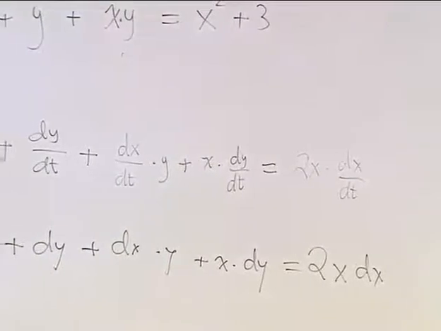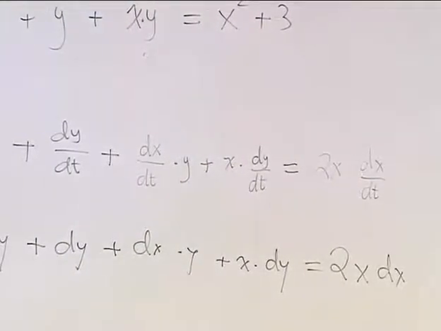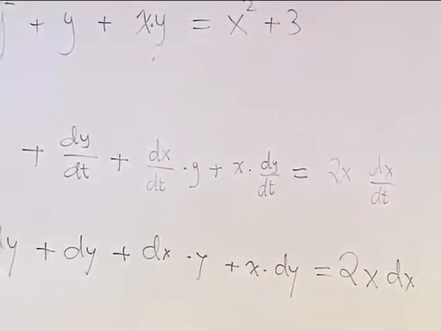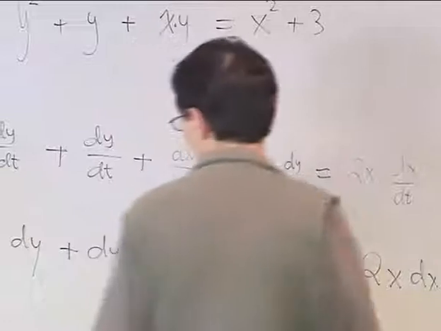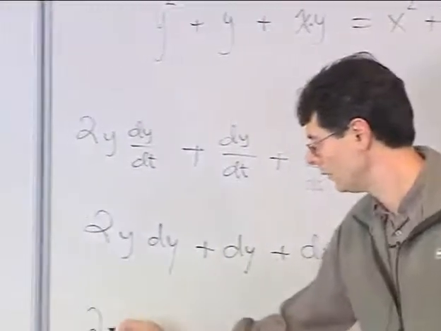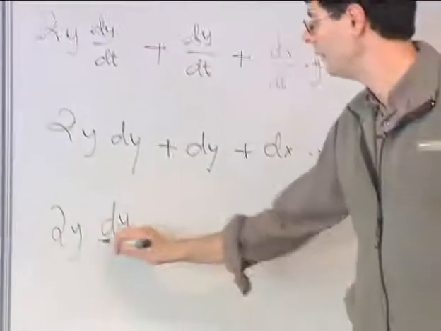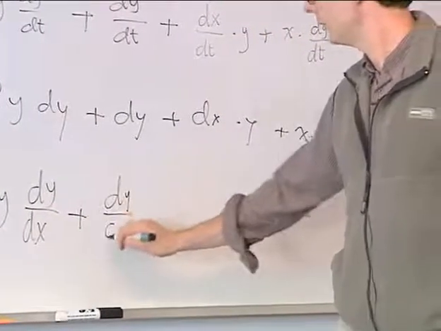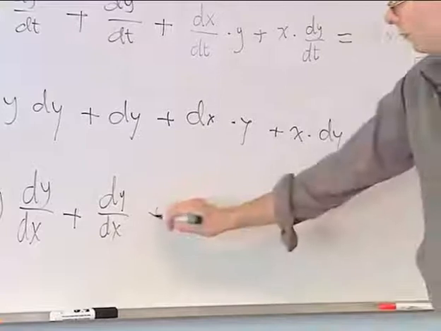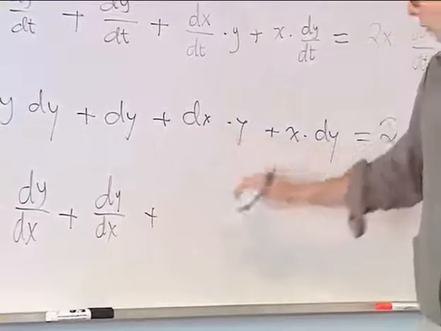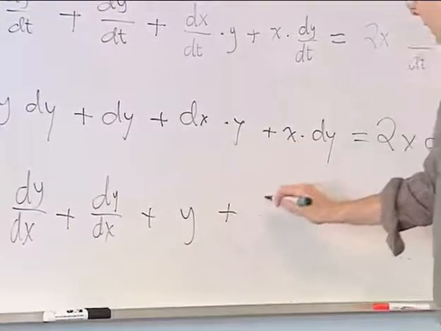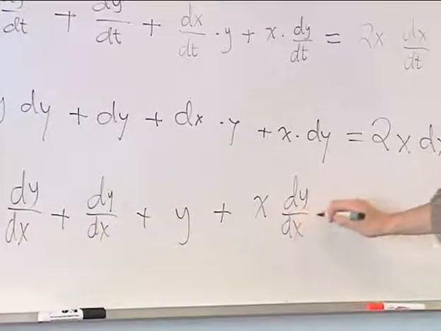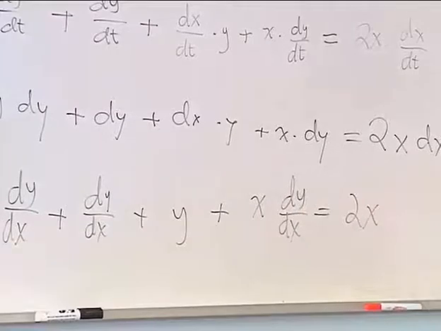And now divide everything by dx. 2y dy/dx plus dy/dx plus y plus x dy/dx is equal to 2x.